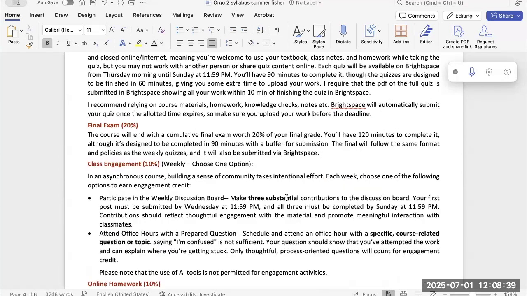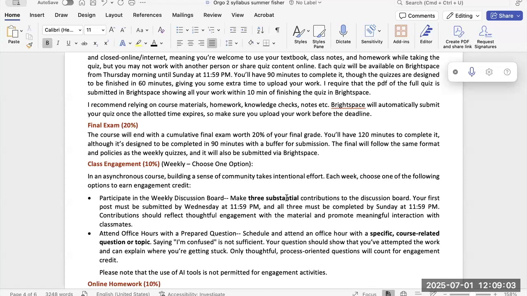The final exam is worth 20% of your grade. It is a cumulative final that will be covering all of the material from organic chemistry 2. Please do note, however, many of the things in organic 2 rely on the foundations that you learned in organic chemistry 1.